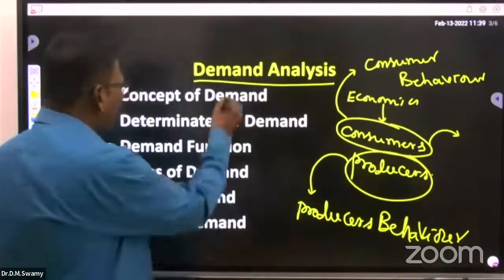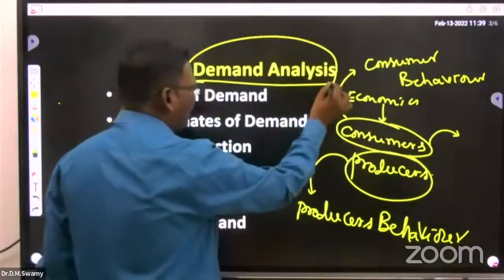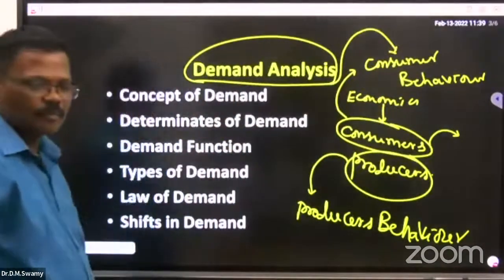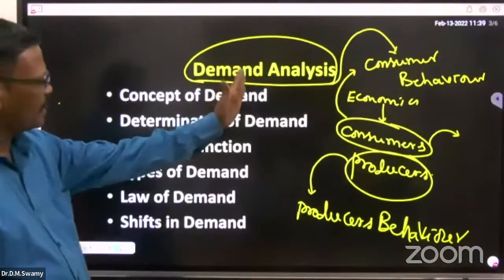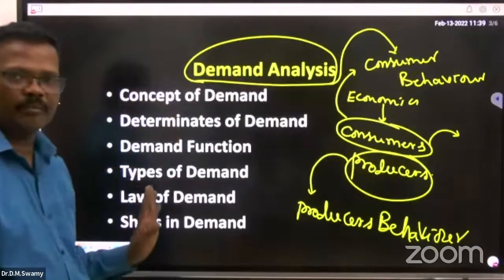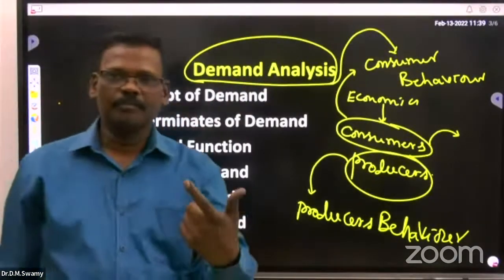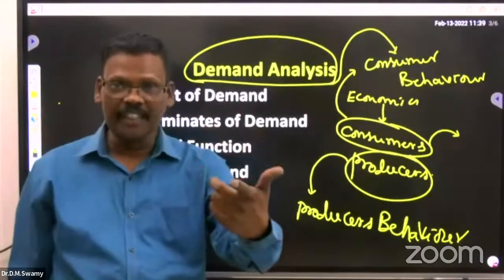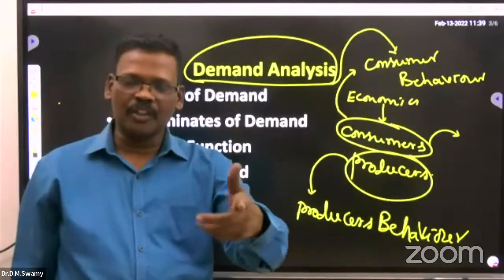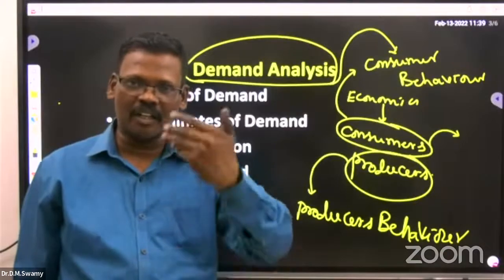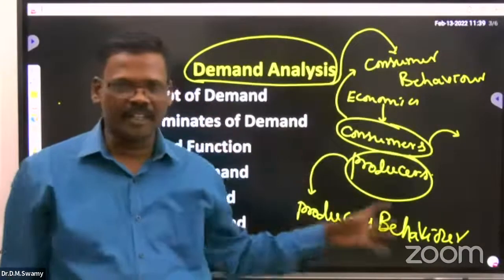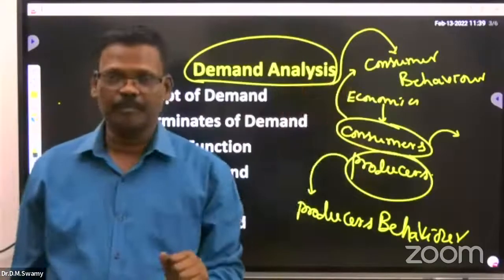So demand analysis is part of consumer behavior, like demand, elasticity of demand, and utility. Under utility, we can say cardinal utility and ordinal utility. All these things come under consumer behavior.